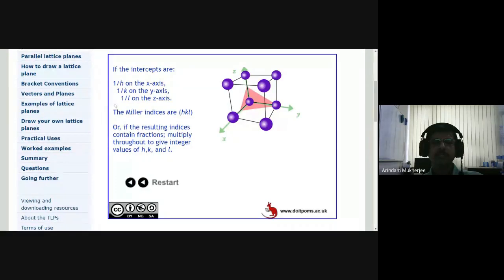So what I said is that if the Miller indices are described such that along A, B, and C I have indices H, K, and L, then the intercepts are 1 by H, because it is related in a reciprocal fashion, 1 by K, and 1 by L. If the resulting indices contain fractions after doing the reciprocal, multiply throughout to give integer values of HKL.